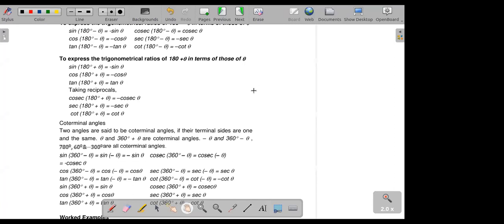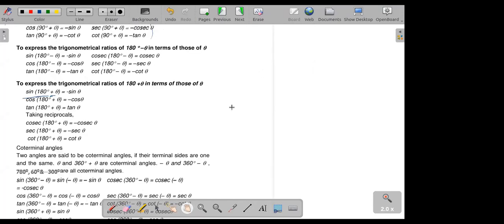First, we have to see if this is an odd multiple of 90, I mean, 90 multiplied by 1, or 90 multiplied by 3, or not. 180 is 90 multiplied by 2, so it will not be an odd multiple. It will be an even multiple of 90.